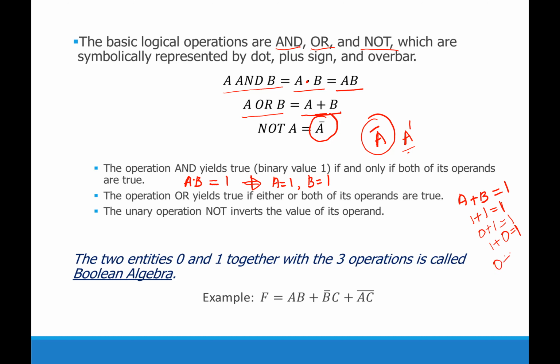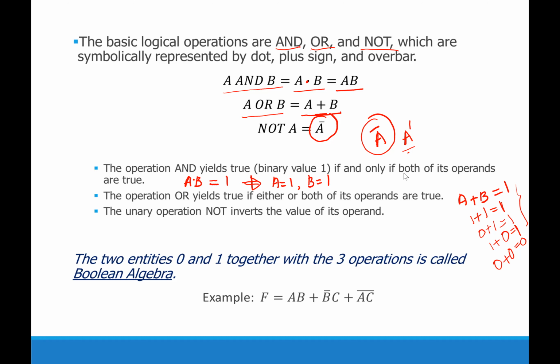And finally, A is equal to 0 and B is equal to 0. Now the answer is equal to 0. Here you can see if at least one input is equal to 1, the answer becomes 1. In the other case, the answer is equal to 0, which implies that all inputs are equal to 0.